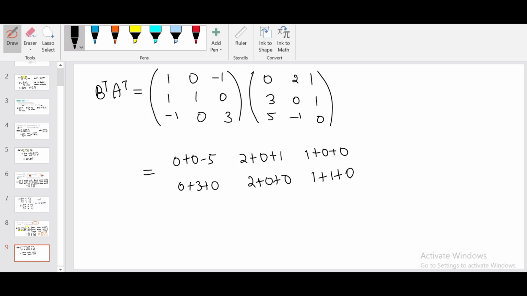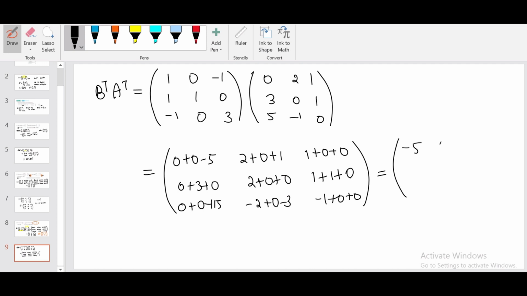Take the third row, you will get 0, 0, 15, minus 2, 0, minus 3, minus 1, 0, 0. So you will get minus 5 3 1, 3 2 2, 15 minus 5 minus 1.